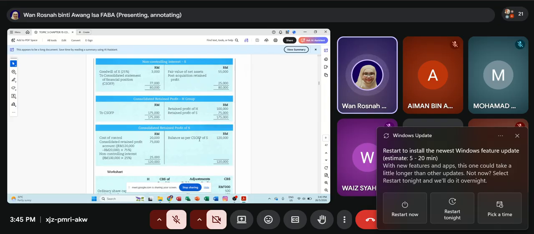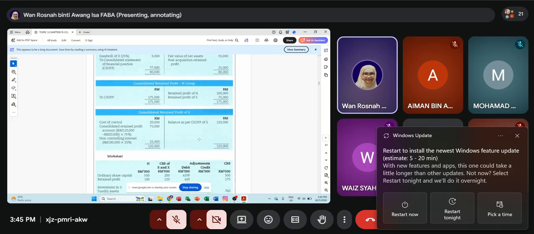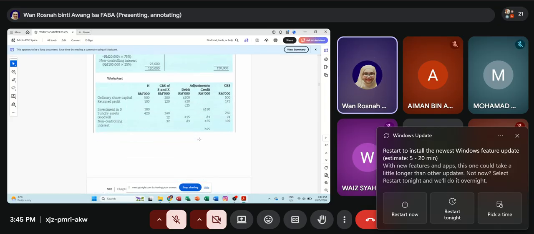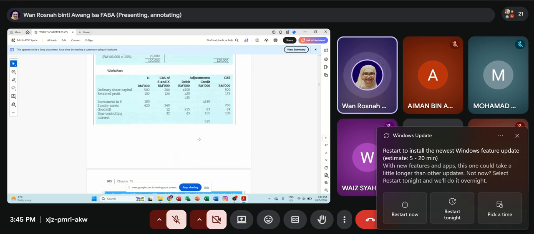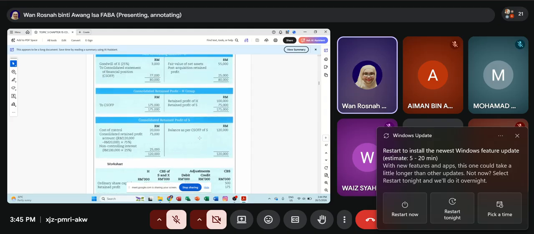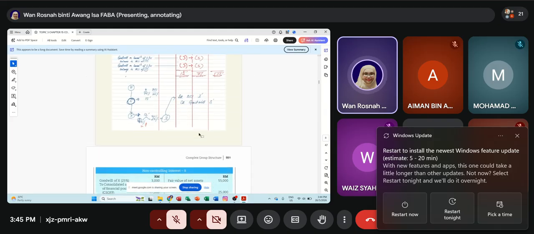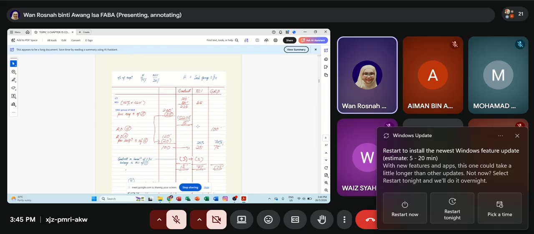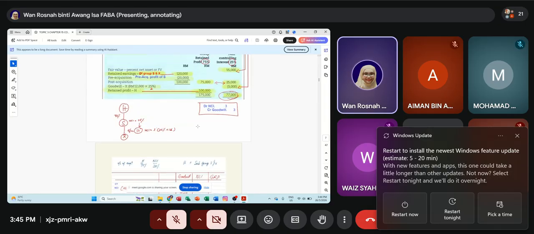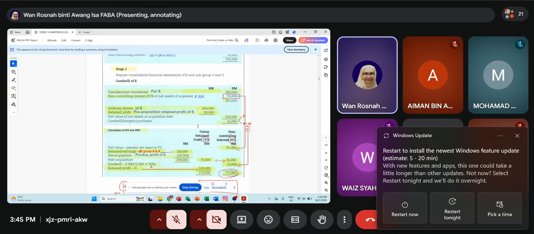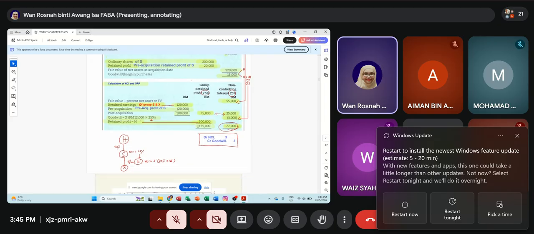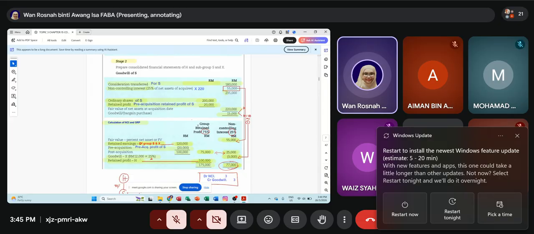But what I'm going to do is I will make a video lecture, video sessions, guiding you on how to attempt the test questions using this vertical group structure, consolidated financial statement. So any questions, class, for this? This is very simple, right?